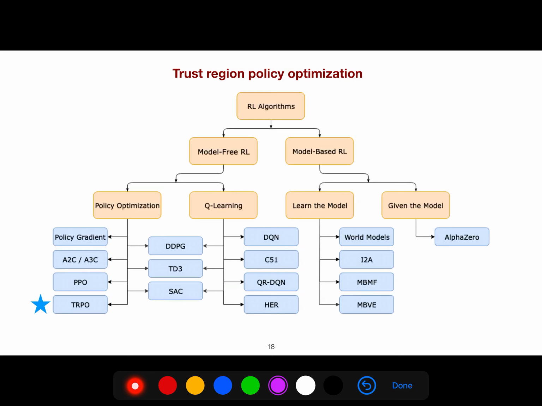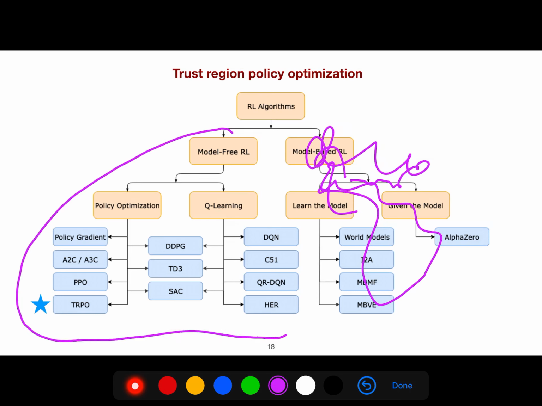We don't care about model-based for the moment because they use it for things that we don't need, because we are not talking about control engineering and robotics. So in model-free, which is a huge and very live topic, we will talk about trust region policy optimization.